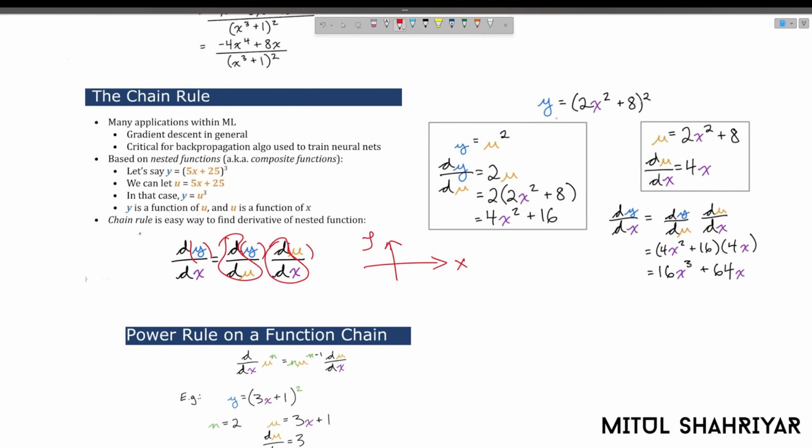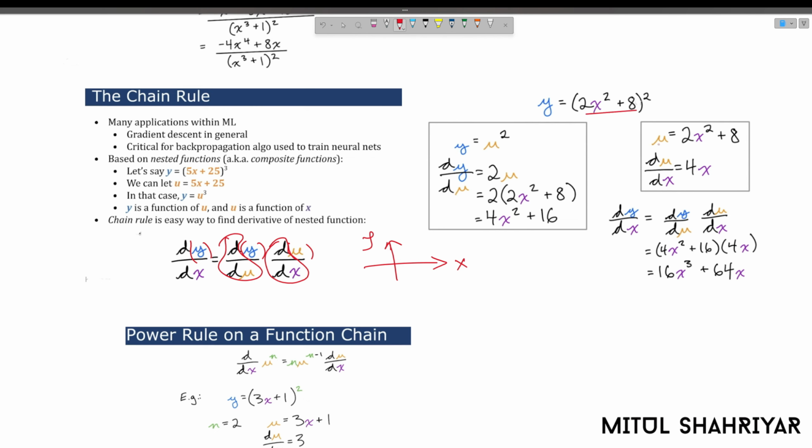So assume this is our problem: y equals (2x square plus 8) whole square. In general, we haven't learned any law for that, but we did, to be honest. How? Assume that this whole part is considered as u.